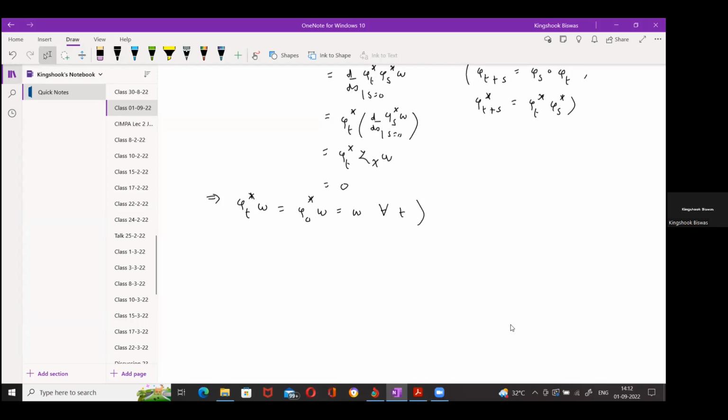As an example, you can use the Lie derivative to define what's called the divergence of a vector field in R^n.